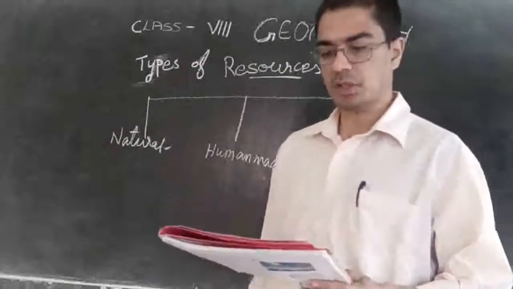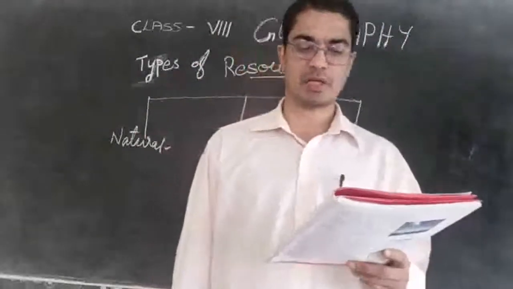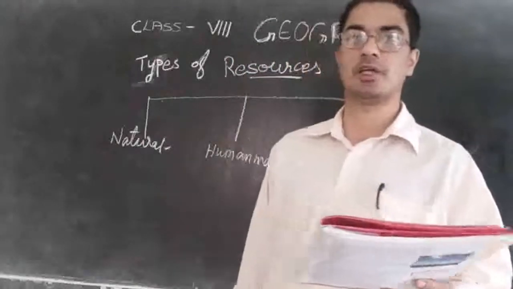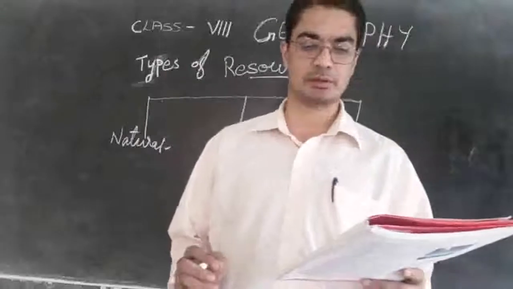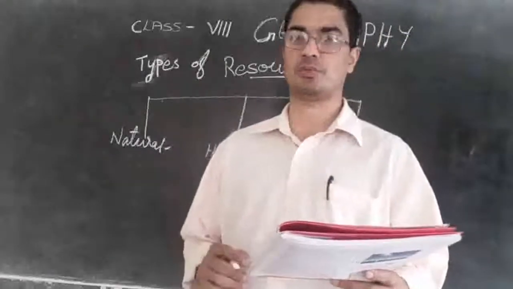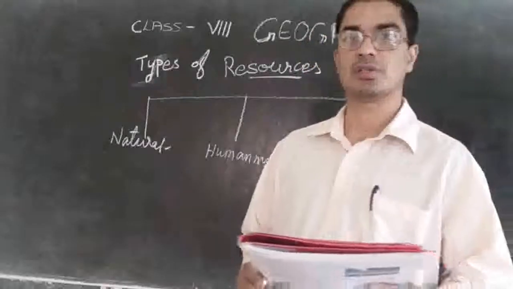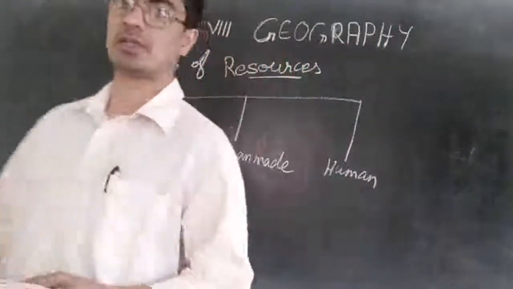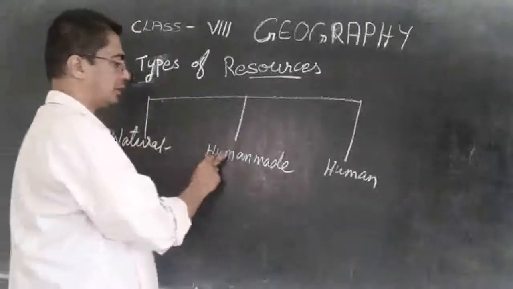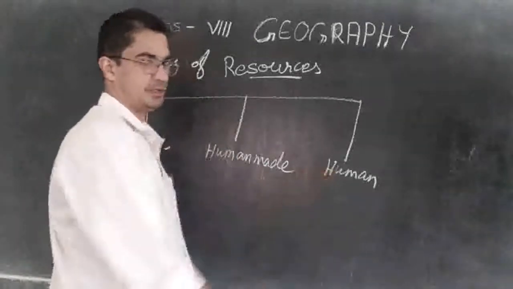Then these natural resources are classified into different groups again, depending on their level of development and use, origin, stock and distribution. So we said resources are divided into three: natural, human-made and human beings.